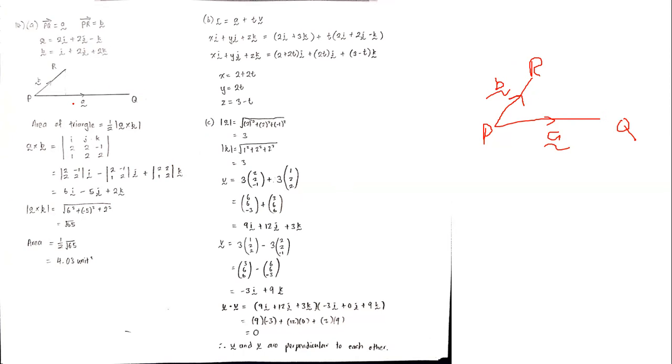Okay, so we know that to find the area of the triangle, we use the formula 1 over 2 times the magnitude of vector A cross vector B. Then to get vector A cross vector B, we use the matrix method. So we write i, j, k, followed by vector A which is 2, 2, -1, and 1, 2, 2 for B. When we want to find i, we cover the i column, leaving 2, -1, 2, 2.